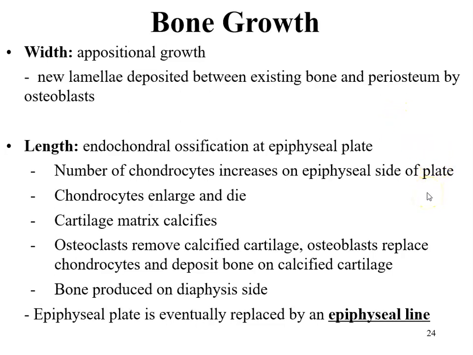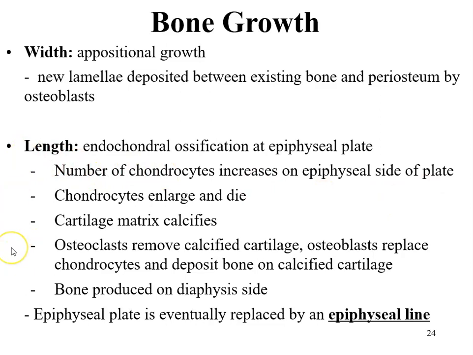Bone length grows by endochondral ossification, where the cartilaginous epiphyseal plate that remains after initial ossification is going to grow, then calcify, then be carved out and replaced by bone. So it's really a continuation of this endochondral ossification that formed the bone, but it's occurring just in this one location of the epiphyseal plate.